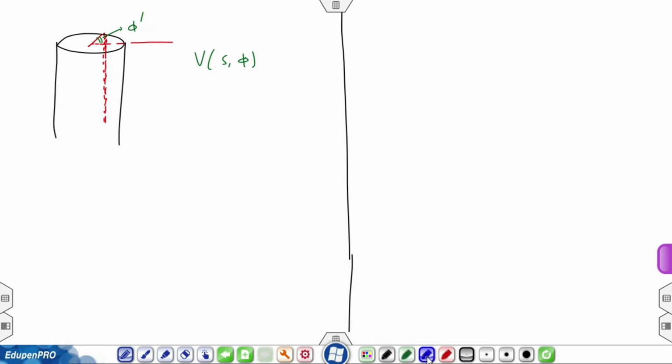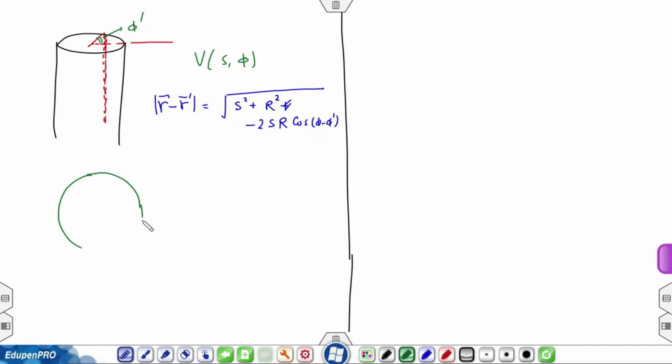So, just by straight formula, I am going to have modulus r minus r prime equal to the square root of s square plus r square minus 2 s r cosine of phi minus phi prime. That is the distance of this point at s and phi from this strip.